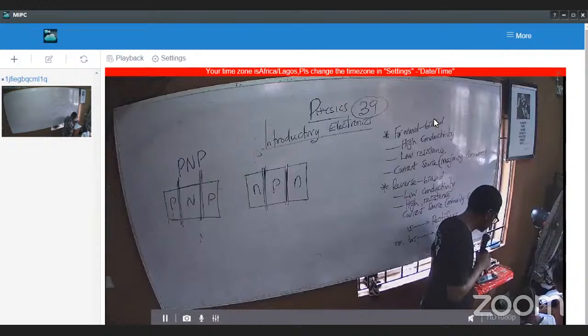Next question. The base is labeled dash in the circuit below.